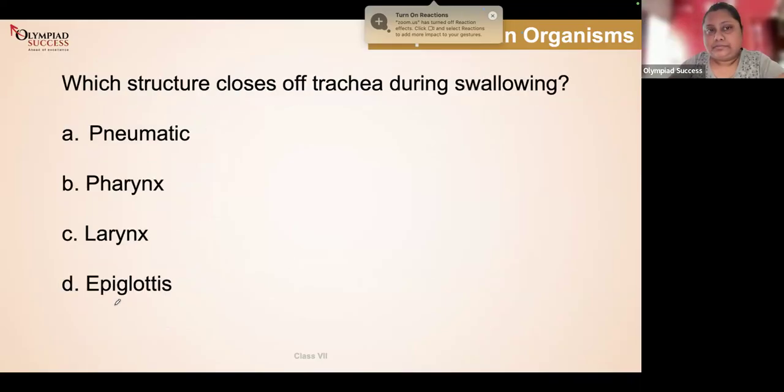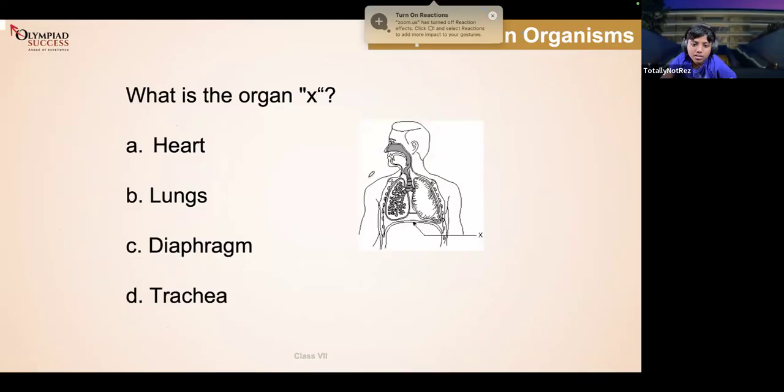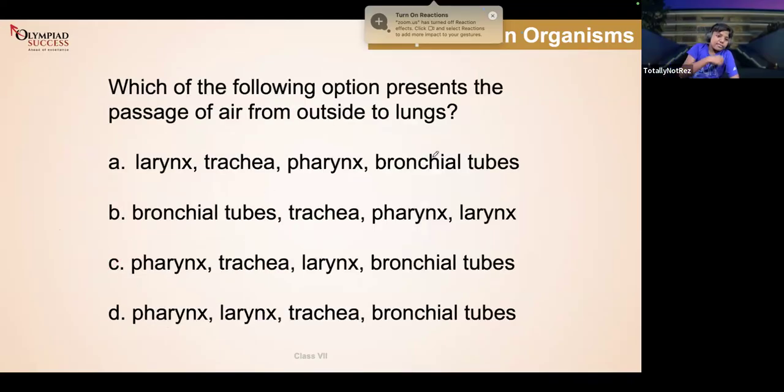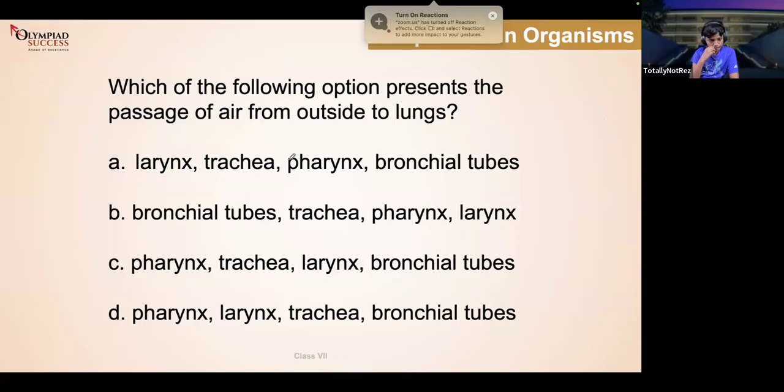Next. Larynx. Diaphragm. What is the passage? D.